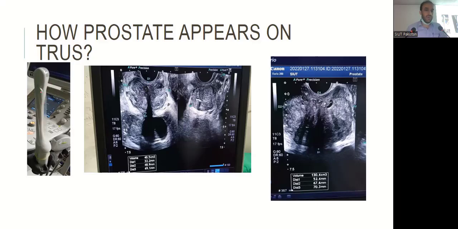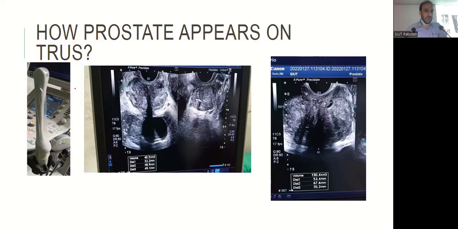We have to cover the probe with a sheath or a condom to reduce the chance of infection, and with the help of lidocaine gel, we will insert this probe into the anus.